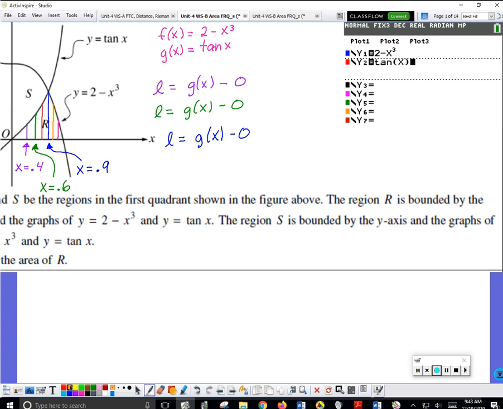Putting up the orange rectangle, that's going to be about x equal about 1.1. I have the pink rectangle, and that x-coordinate's about 1.2.